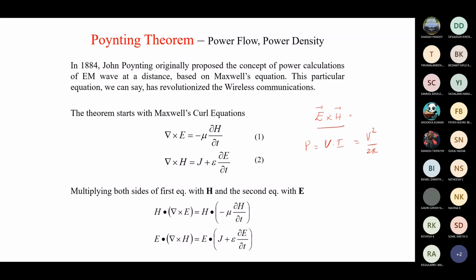So Maxwell could not provide more of his contribution, but John Poynting developed a lot in that. In fact, how heat energy travels from the sun to the earth, as well as how the magnetic field travels, all these things were largely described by John Poynting.